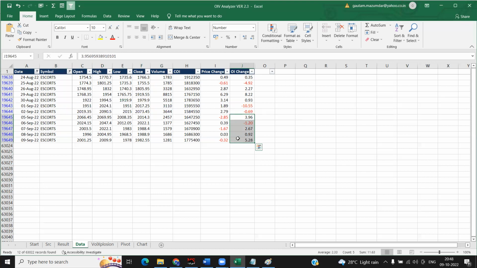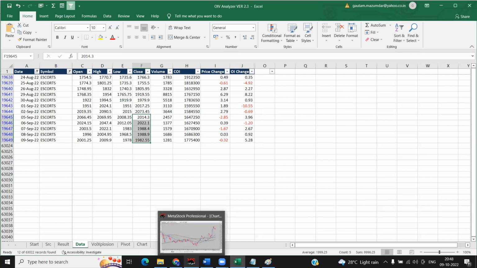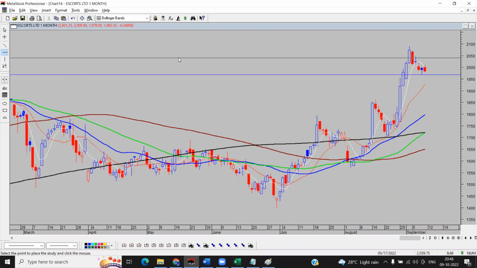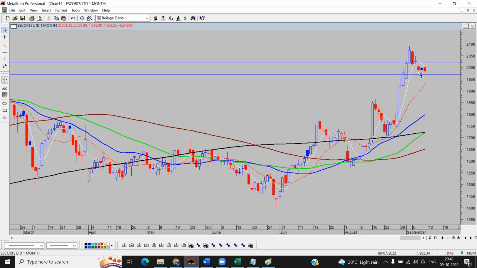It appears to be on the downside, but if you take the price, how much is the price movement? 2014 to 1982. Perhaps, Mr. Amit Tak, you are right, it's moving out. But still, I'll take this range. If it recovers above this, I might be positive again.